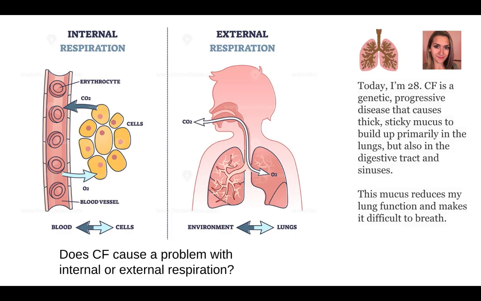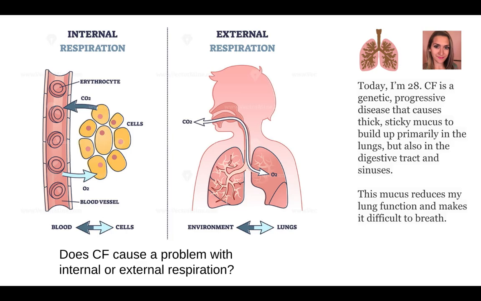Now, if we're taking a look at internal versus external from a different perspective, another big thing to look at is how this all affects CF. We've already touched on how CF is a progressive disorder that causes thick, sticky mucus to build up primarily in our lungs. So think about that.